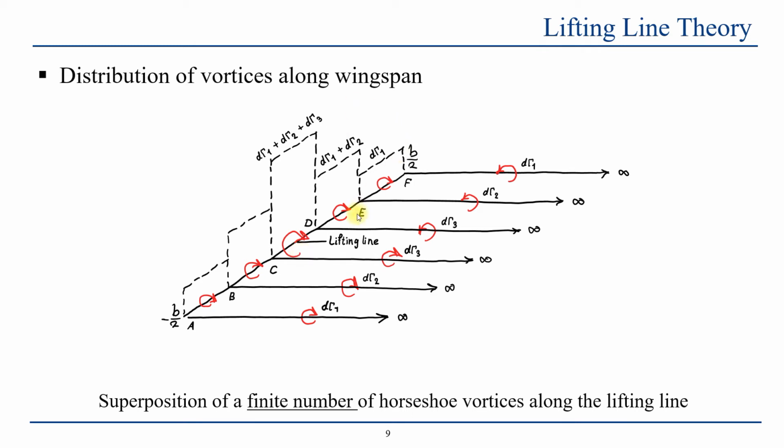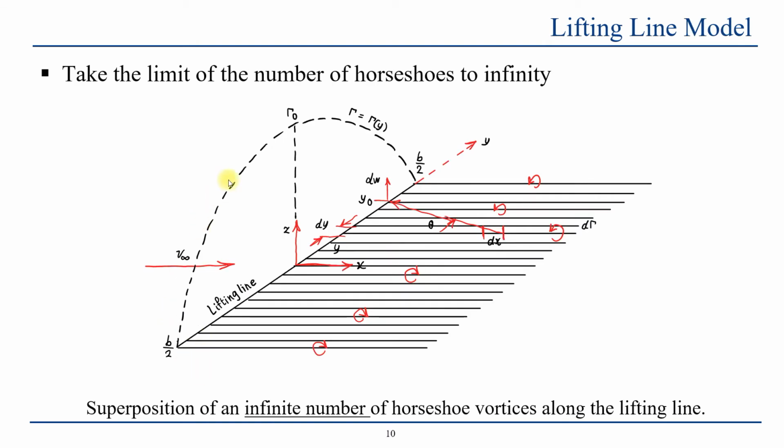Similarly, the more of these vortices we have, the closer this distribution will match the actual distribution of circulation over the wing that we have. So to improve the accuracy of our model, we need to increase the number of these horseshoe vortices, which takes us to this.